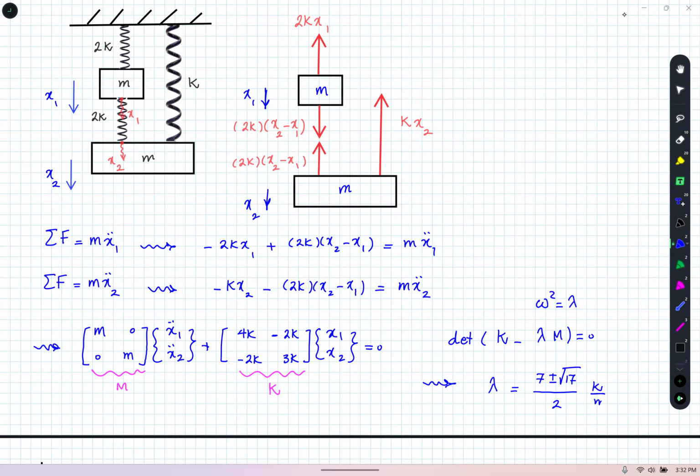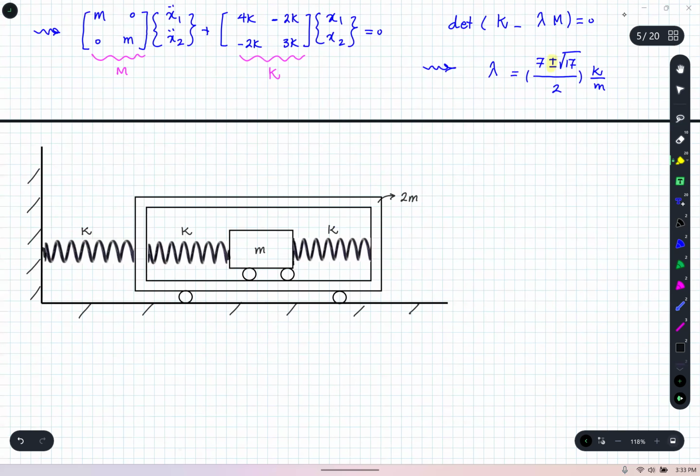But please solve it on your own. Make sure you get the same answer. You may simplify it a little bit. And remember, these are lambda. In order to find natural frequencies, you need to just find the square root. And here we have plus and minus. Obviously, the minus one gives you the smaller value, which is your omega 1, and the other one omega 2.